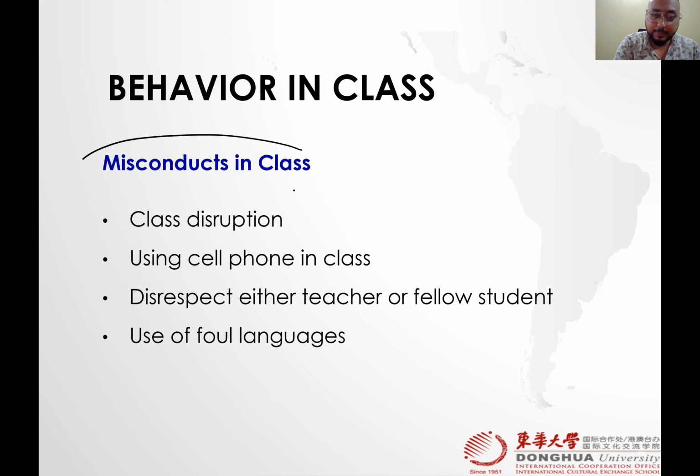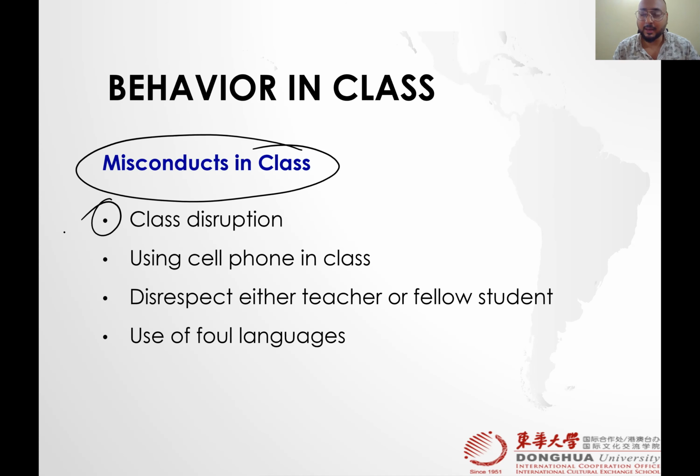Regarding misconduct, what I consider misconduct. Number one, class disruption. For example, if you have a very friendly pet, maybe it doesn't like me or economics, so it starts shouting. What you can do is turn off your microphone so that the class is not disturbed.